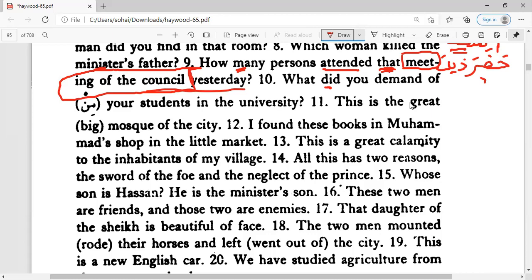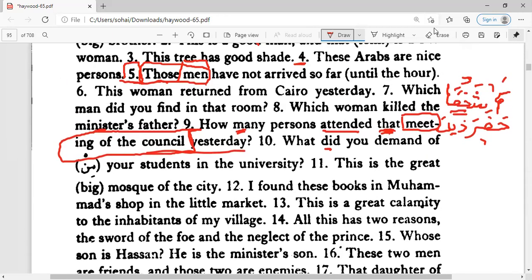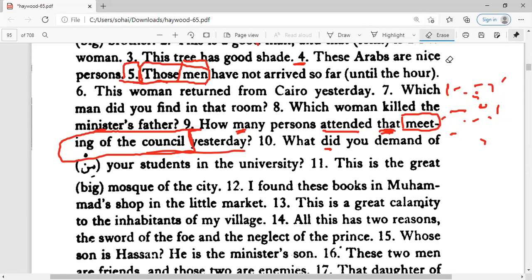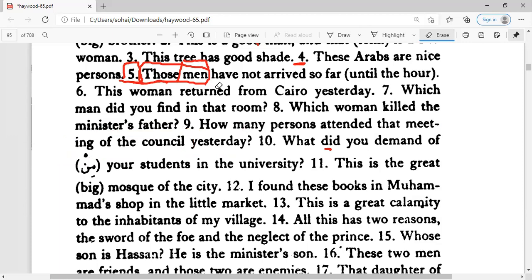What did you demand? What is demand? Talaba. Yes, demand is talaba. Talaba, talabat. I think all of you need to memorize the verb. Next question, talabta.